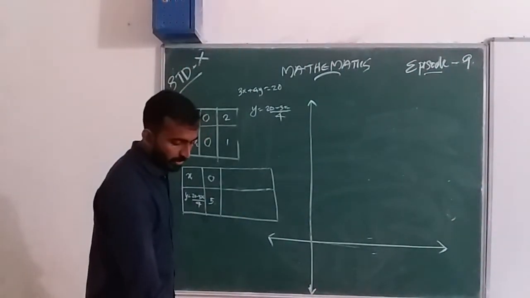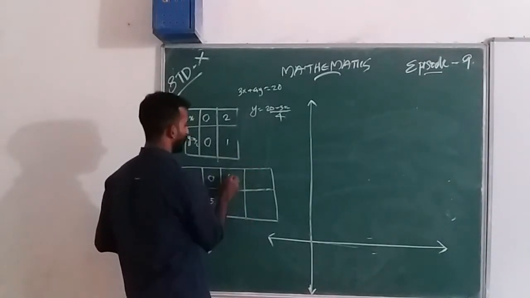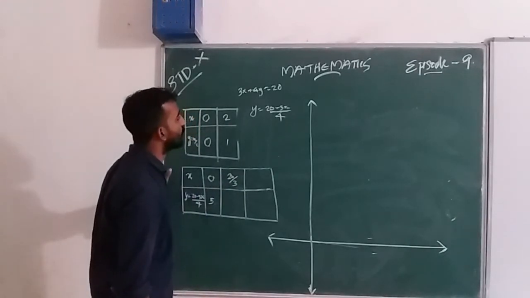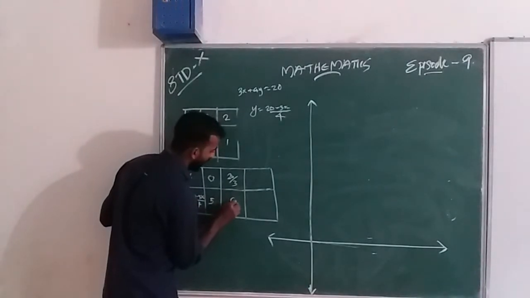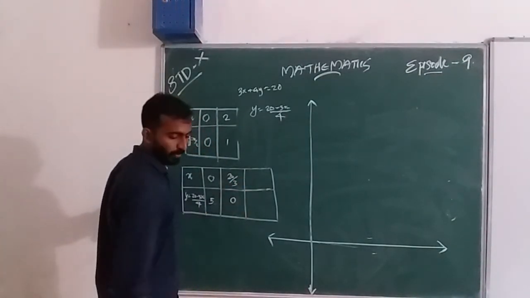When x equal to 20 by 3, we get what? We get the point 20 by 3, 0. Is it? Yes. And what is the next point?